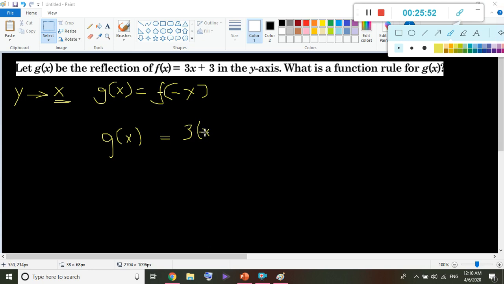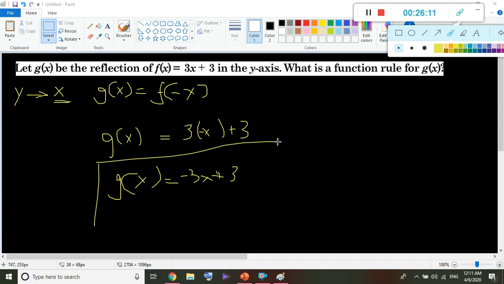It's going to be negative x plus 3. So g of x is going to be equal to 3 times negative x, negative 3x plus 3. So this will be our new function.